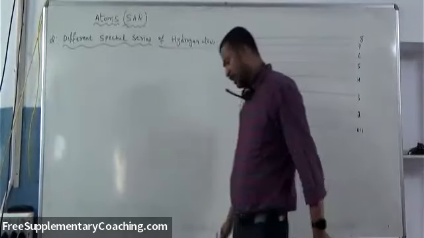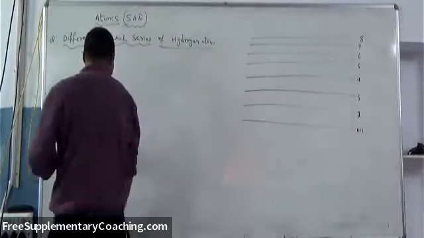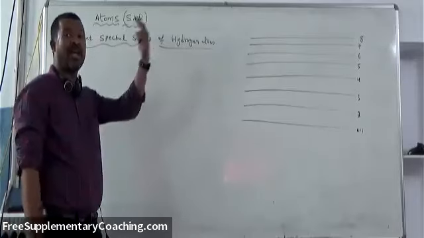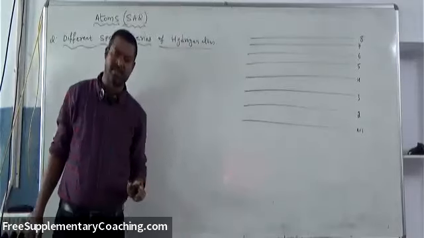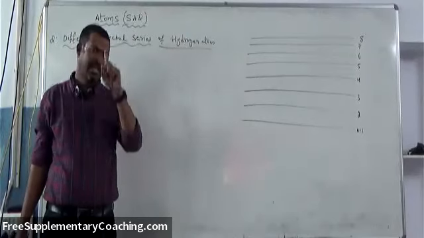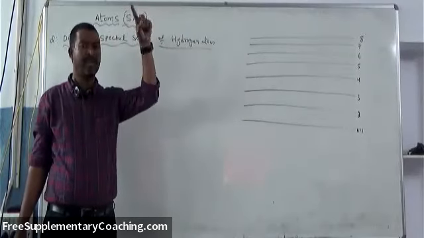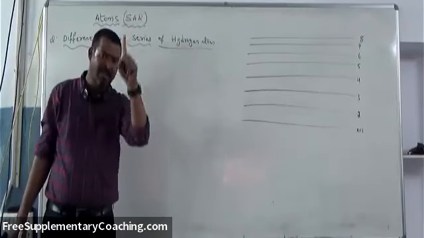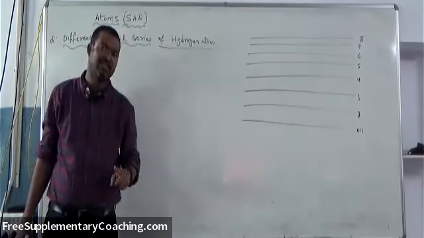I have told that whenever an electron makes a transition from a higher energy level to a lower energy level, it emits radiation in the form of electromagnetic radiation. From one level to another, one radiation line will come.